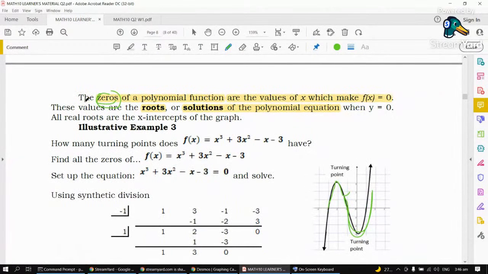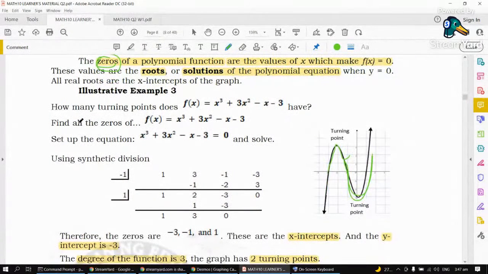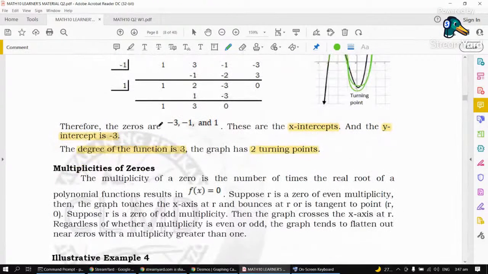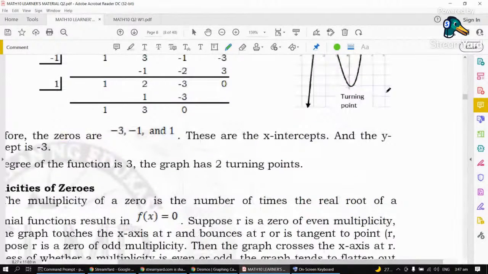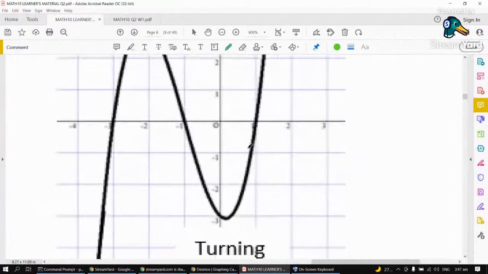Okay, kasi sila yung mga nagpapa-zero sa function. So again, may long method tayo and then may short method tayo, no? So pag sinabing x-intercept.